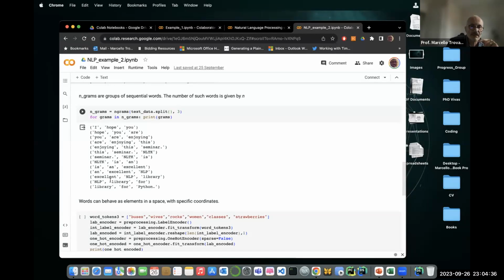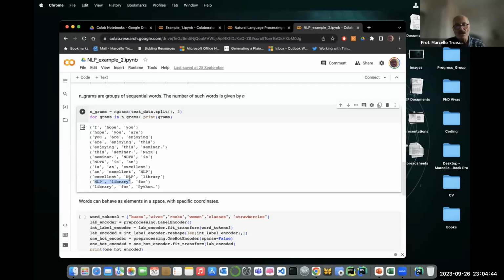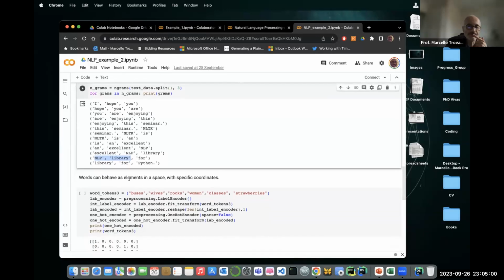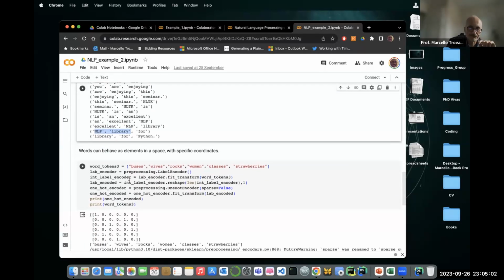NLP and library are likely to occur together, and that is determined by looking at how many times in text they do occur together. If the number is very high, you can assume that NLP and library should be kept together.